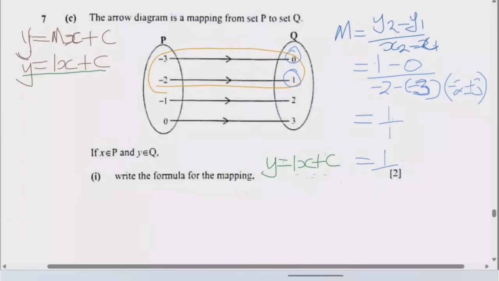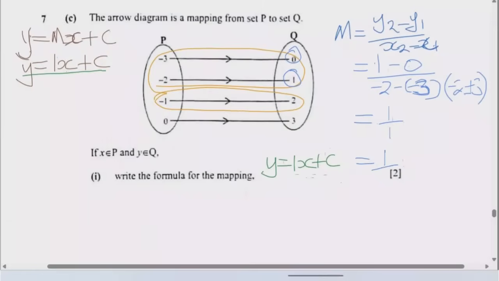Now what do we do? Again, we get this function, this pair of coordinates. Where there is y, we put the value of y.